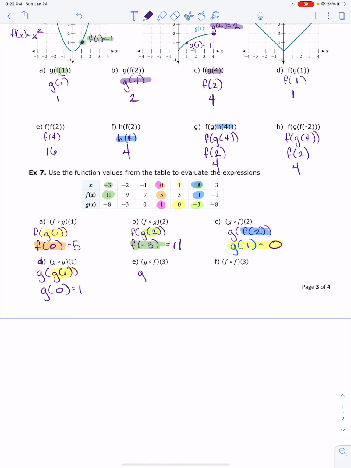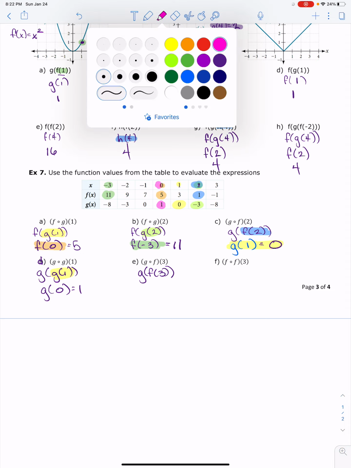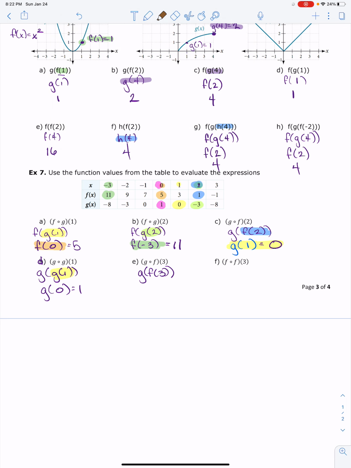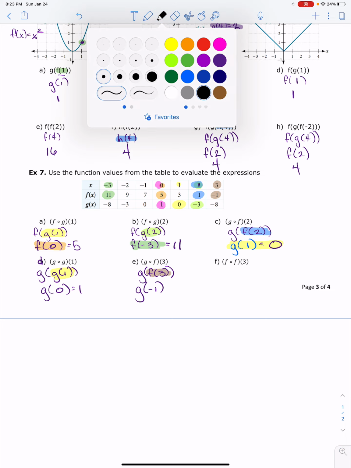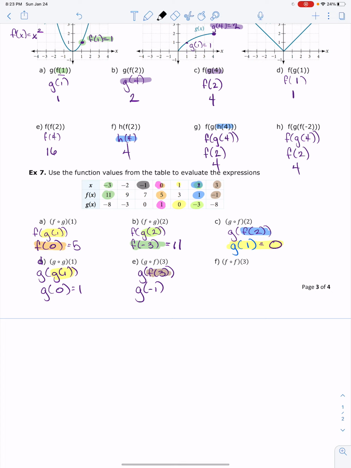E, g of f of 3. Here's my 3. F of 3 is -1. So now we're looking for g of -1. Here's our -1. G of -1 is 0.